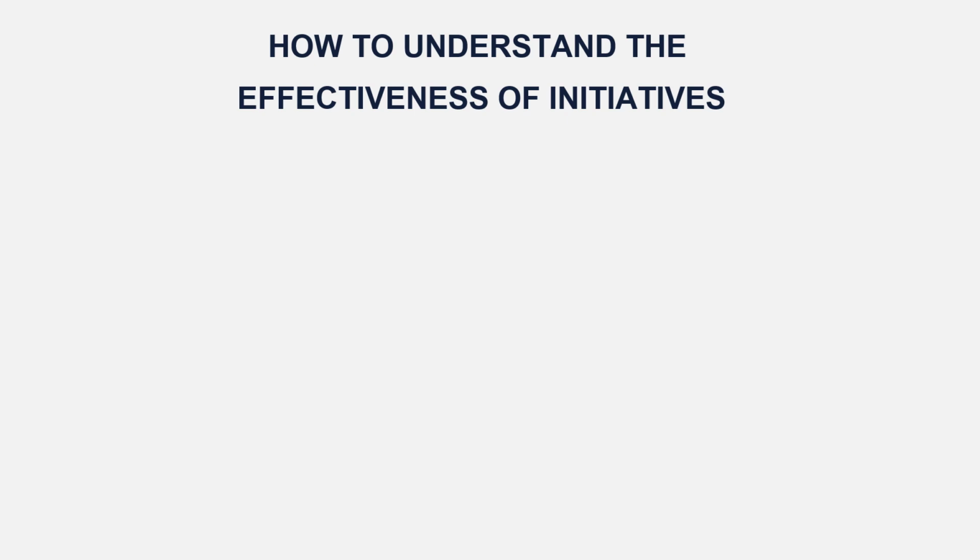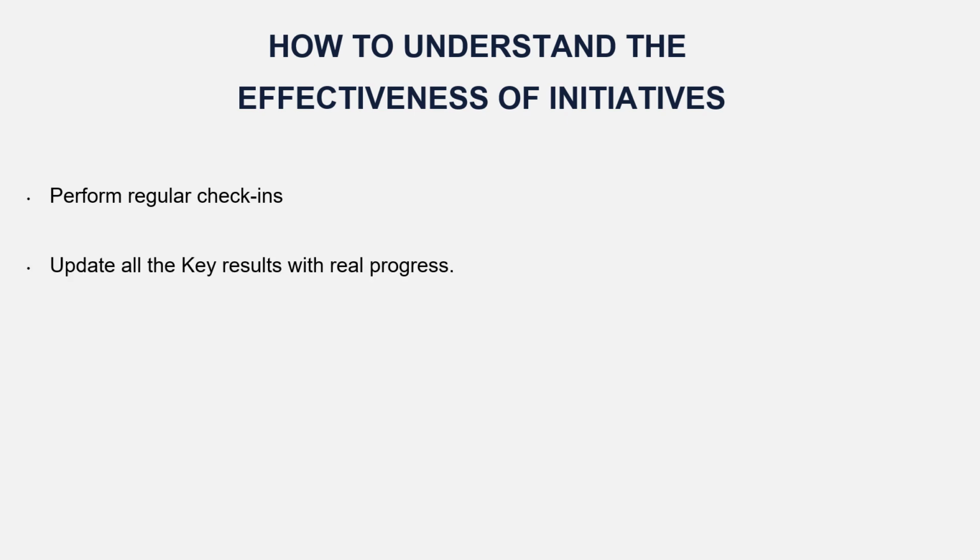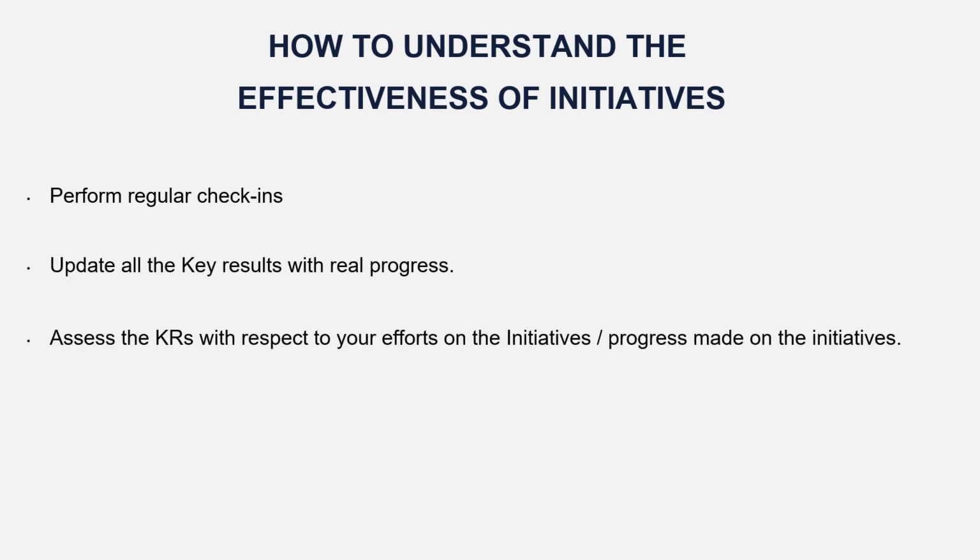Let's understand how we conclude that the initiatives identified by you are effective in delivering KRs, or in other words, whether those initiatives are delivering results or not. You must perform regular check-ins at least once in a week and make updates to all the KRs with the real progress made. Then perform self-assessment of all the KRs' progress with respect to the efforts put in on the initiatives.